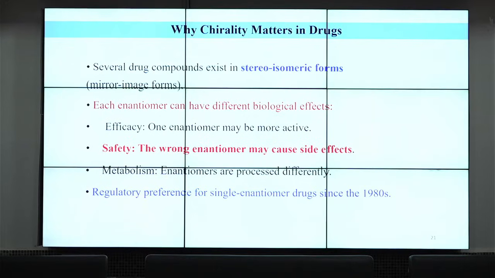That's about efficacy. One enantiomer may be more active than the other. Then the other enantiomer should be separated, either by resolution of the enantiomeric mixture, or you need to get rid of it, or you have to design your synthesis in such a way that only one enantiomer is your product. These aspects are very important and should be kept in mind at the beginning, once you are targeting drug molecules or a library of molecules towards a particular receptor.